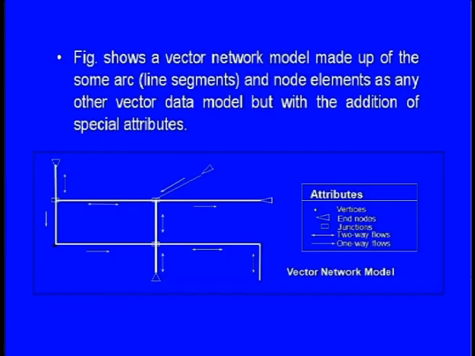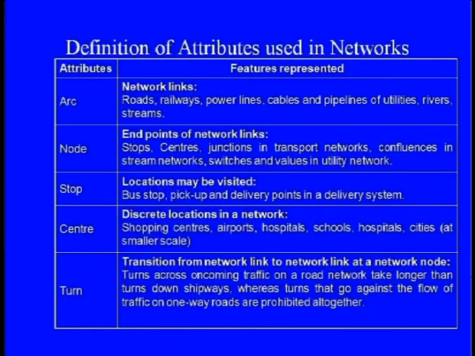Here, the double arrow represents two-way flows, while single arrows represent one-way flows. The arrowheads show the end nodes and dots represent the vertices. So, let us look at the definition of attributes used in networks. Arc provides the network link for features such as roads, railways, power lines, cables and pipelines of utilities, rivers and streams.